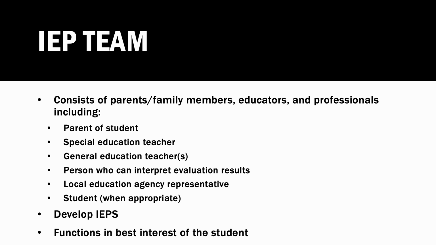So in most cases, in my experience, someone like a school psychologist, the student when that's appropriate, other knowledgeable persons with whom parents or school may choose to invite, a transition service participant when applicable. So especially when students are at that transition age, a lot of times someone will come specifically for transition services. So all of these people come together to develop the IEP, and we're all working together to function in the best interest of the child.